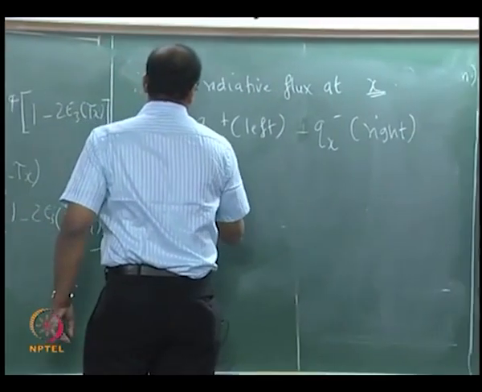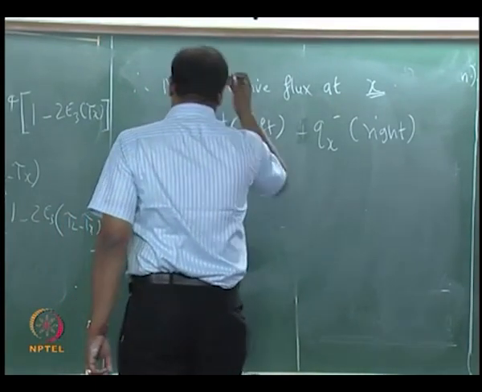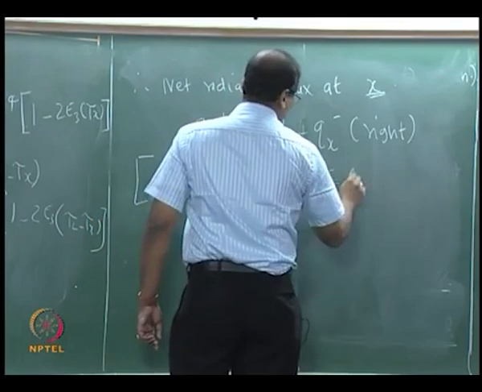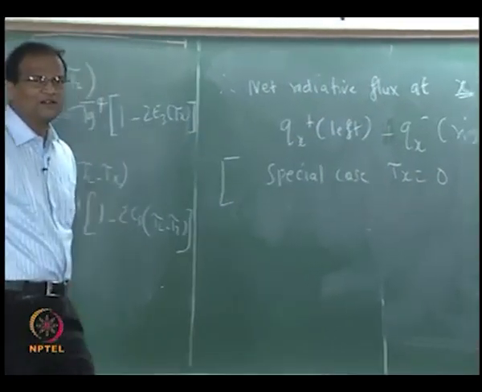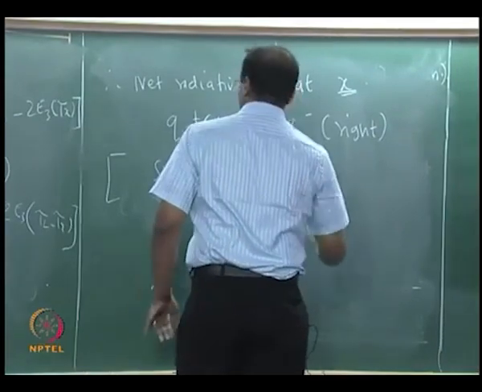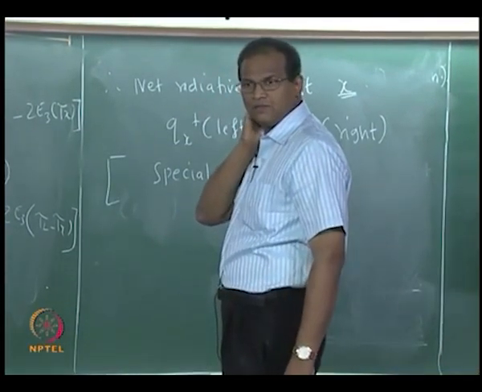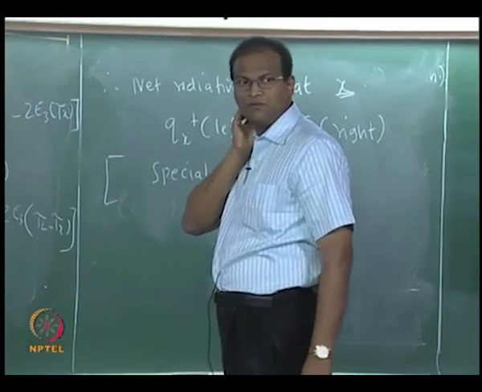So I will do something on the board. Let me take the special case tau of x, kappa equal to 0. What is E3 of tau of x? 0.5.